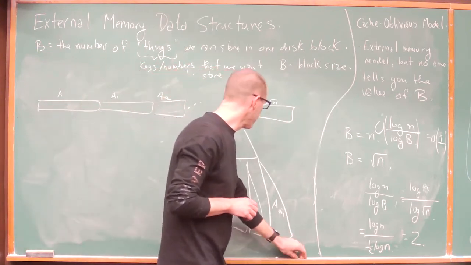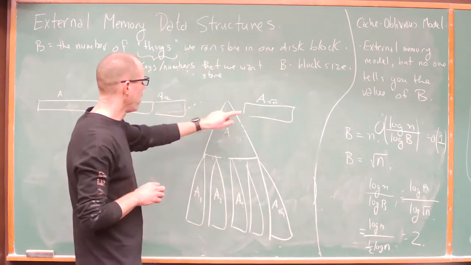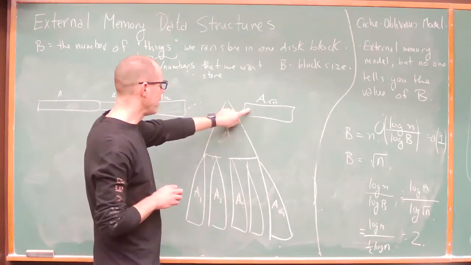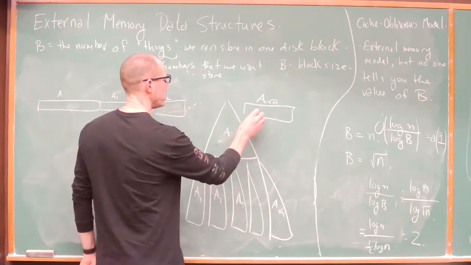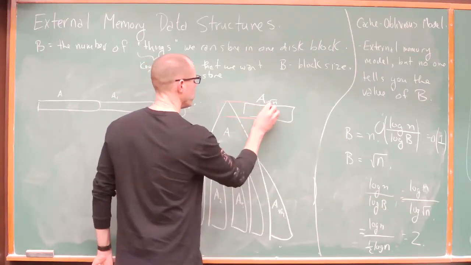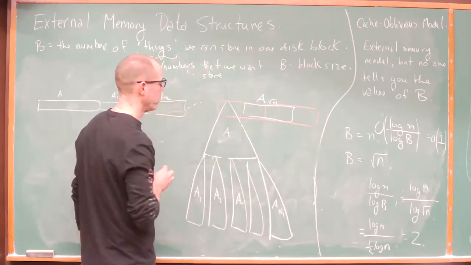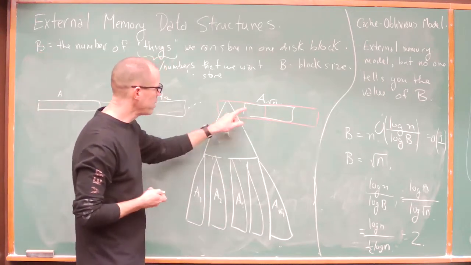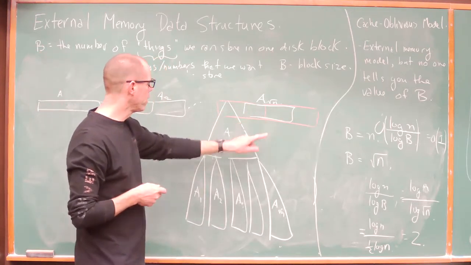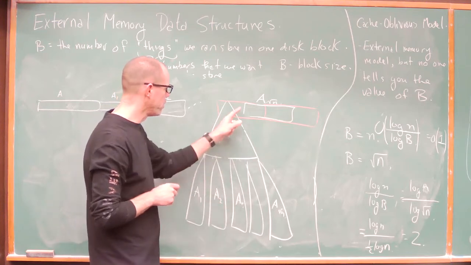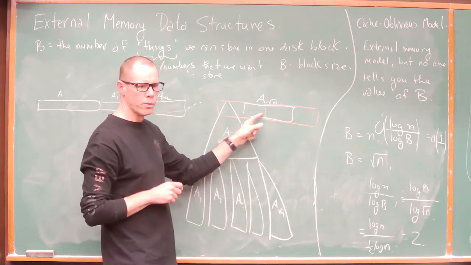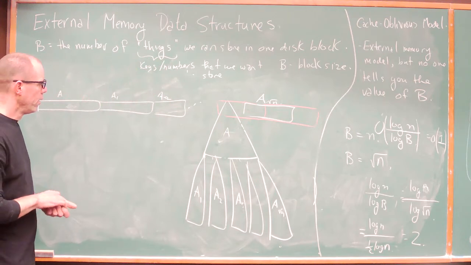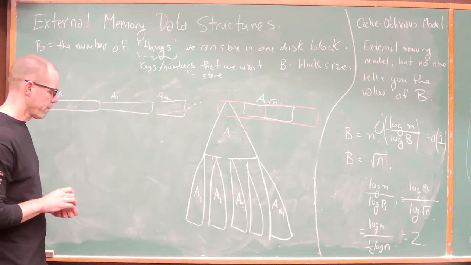If my block size is at least square root n, that means this thing fits into at most 2 blocks. Right? A block is big enough to store all of this, but maybe this thing isn't aligned perfectly with the way the blocks are aligned on disk. So it might span 2 blocks, but it's at most 2 blocks. All right. Good.